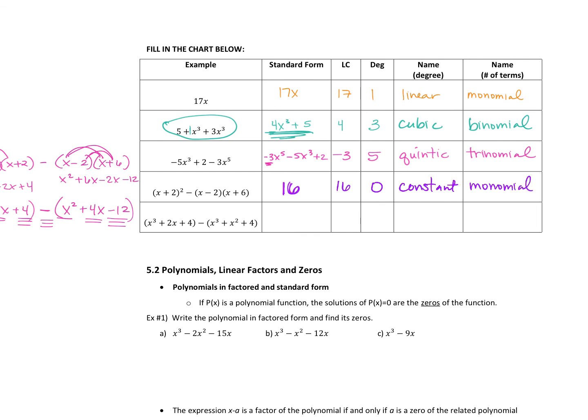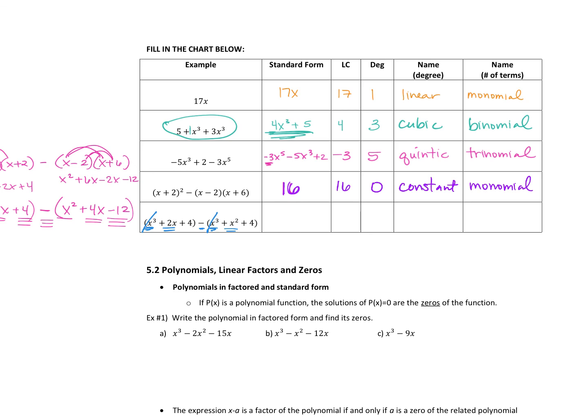Okay, last one. Simplify this. This one you don't really have to rewrite. x cubed minus x cubed goes away. That's 0. 2x, over here you have an x squared. Oh, here's where you have to be a little bit careful. What's coming first?